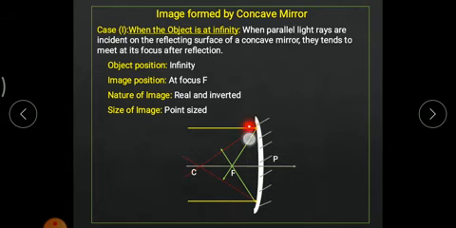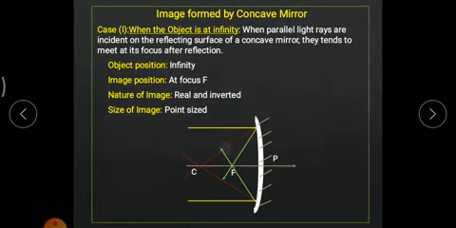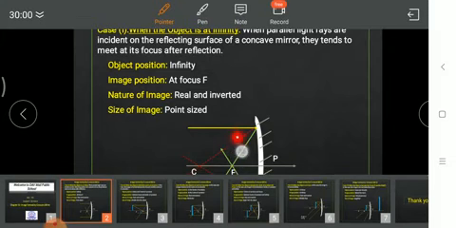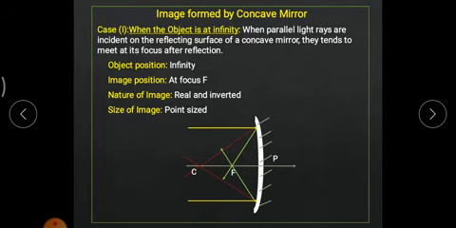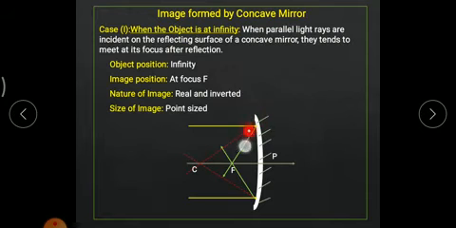Now, this red line is a normal, and the angles created over here are the angle of incidence and the angle of reflection. This is the normal, this is the angle of incidence and the angle of reflection. Again, we have studied in the rules that the normal will always pass through the center of curvature.